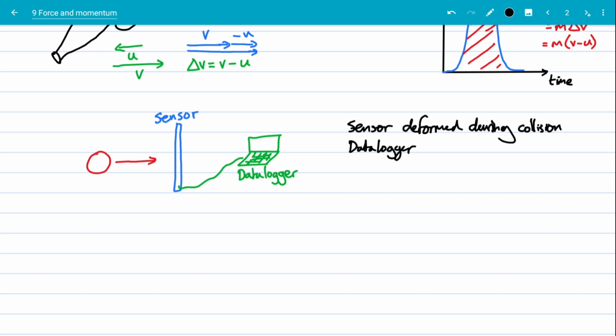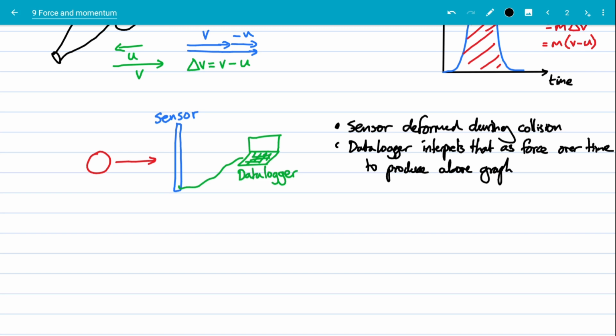So the data logger detects, well, it doesn't detect, it interprets that as force, and it records that over time to produce the above graph.